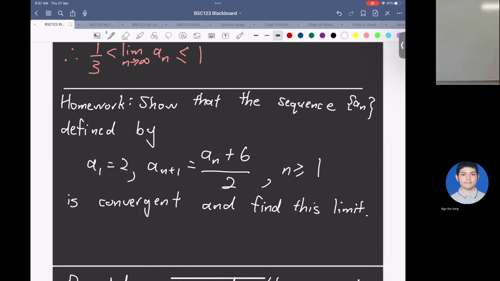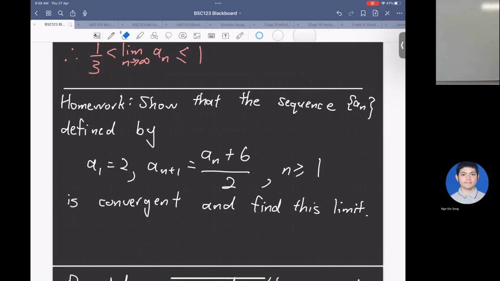Two a_1 terms, what do you mean? a_1 is 2. Sorry, shouldn't be equal, so here put equal. a_1 is 2. a_2 is (a_1 plus 6) over 2, so (2 plus 6) over 2, so it's 4.